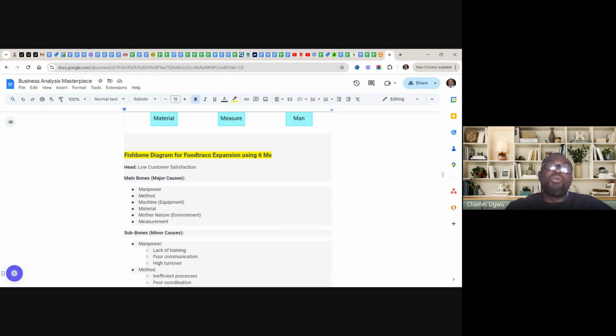This is the FoodTrack scenario. I used gap analysis in the NIARA scenario. I want to use FoodTrack in this so that you won't get confused about where this is coming from. So this way, we adopted this particular problem.